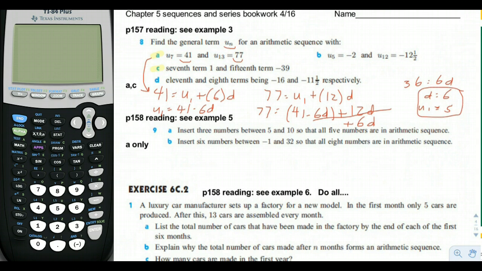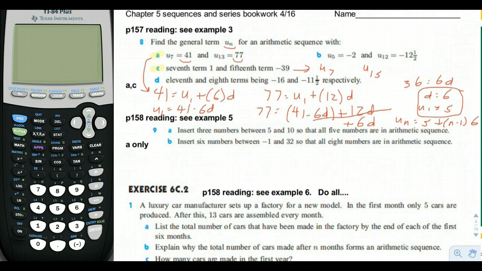Okay, so the general term would be un is equal to 5 plus n minus 1 times 6. Okay, and that would be the solution for A. Now C, you do the exact same thing, but the 7th term would be u7, right? And the 15th term would be u15.